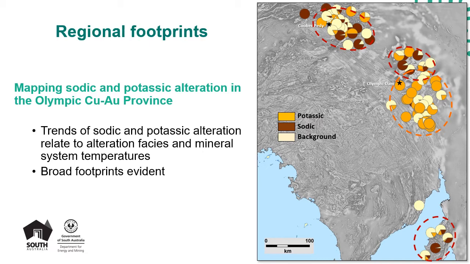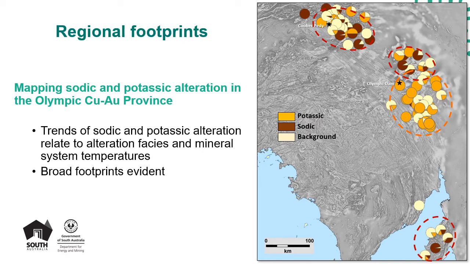In pale yellow are samples with broadly similar K feldspar to albite ratio, which is typical of background rocks. Intervals which have far more K feldspar than albite are in orange, and far more albite than K feldspar in brown. So if, for example, a hole was to have a narrow zone of albitic alteration, that will display as a small wedge of brown or sodic alteration in the pie chart.